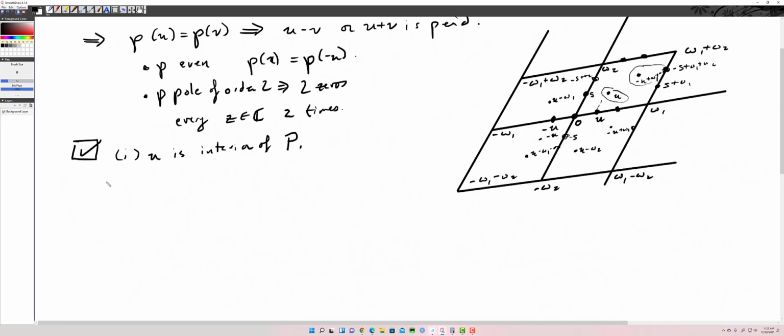But as you can see, I could just do the same thing. If u is on the border of P, I could do the exact same thing. Another thing to note here is that if it's on the border of P, I could just shift P so that it's in the interior.